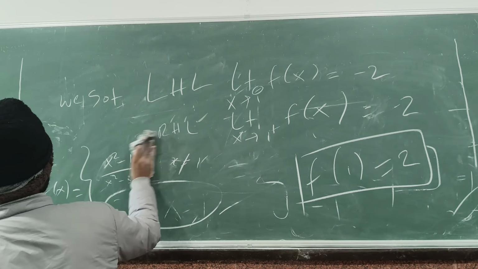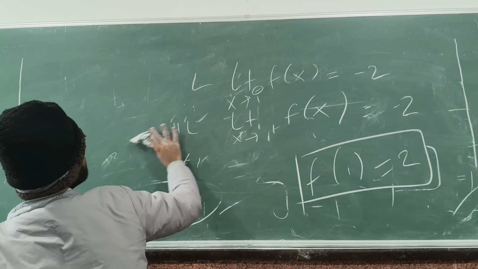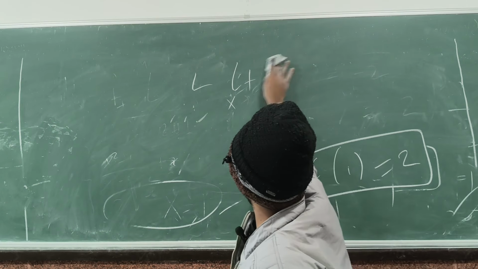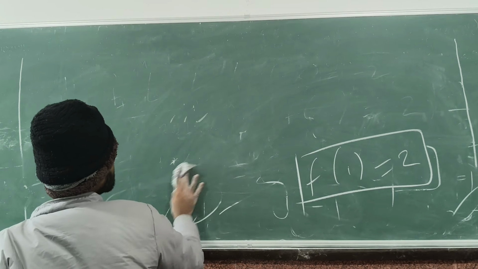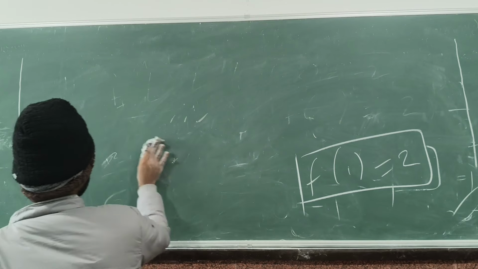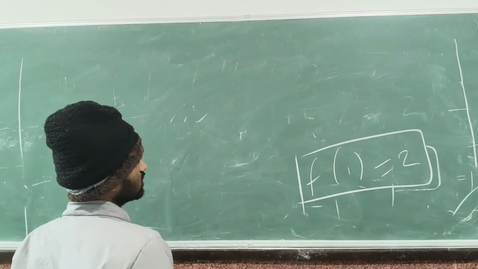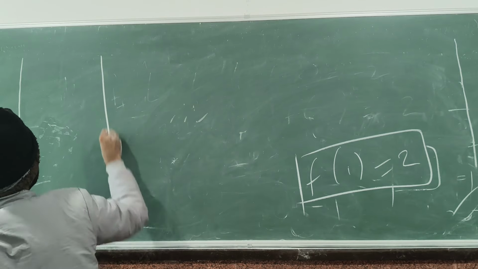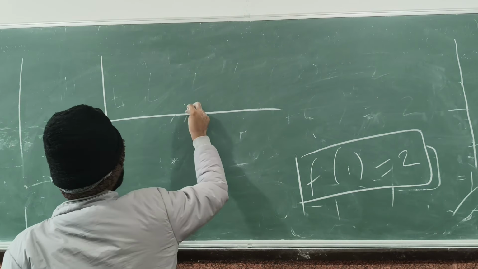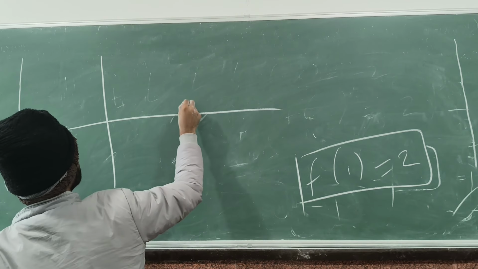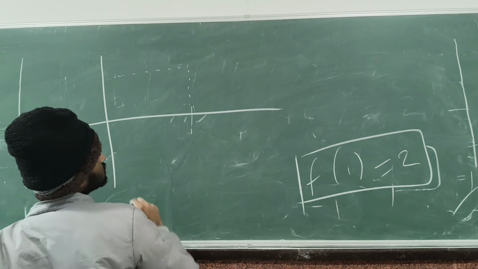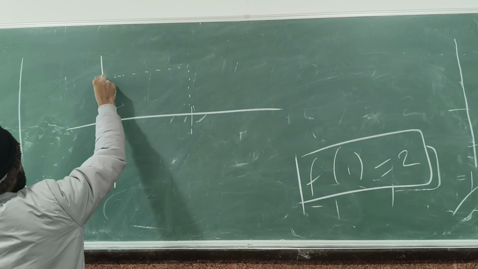So what we can say, means the limiting value is not the same as the function value at point 1. You can see graphically, at x equals 1, I got f of 1 exactly 2.